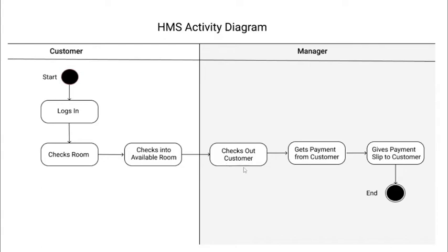Then the manager will get payment from the customer, and finally the manager will give the payment slip to the customer. So this was the activity diagram from me.